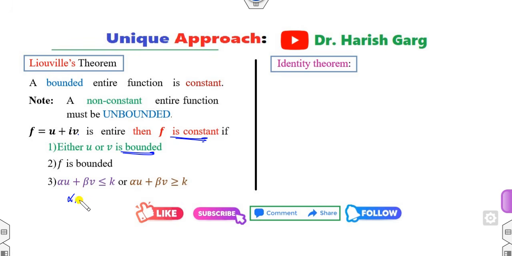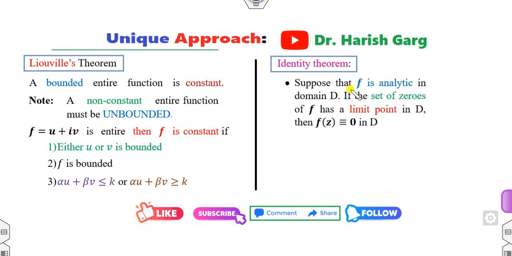If you prove that for real scalars alpha and beta, alpha u plus beta v is less than or equal to k, or greater than or equal to k, it all implies the function is constant. Make sure that f is entire, then you can say the function is constant.